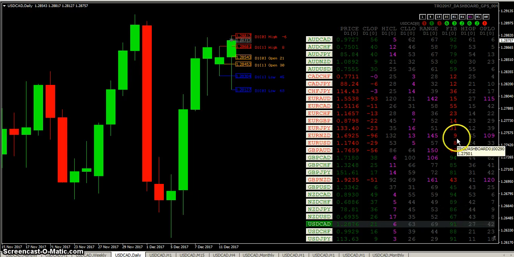So 9 would be 9% off the bottom, and 92 is 92% off the bottom. I do it like a thermometer. The bottom is 0, the top is 100. If people want to flip the fibs around, that's their business. That's not how I do it. I don't have to do it the way the book says I have to. I do it the way that works for me.